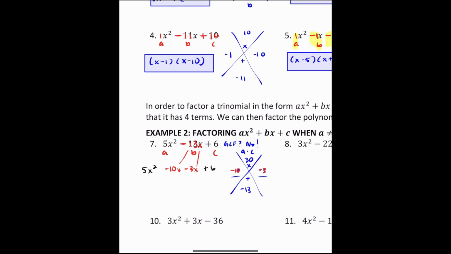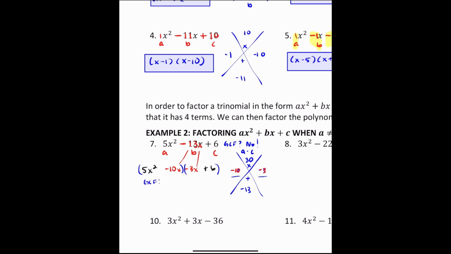So we have 1, 2, 3, 4 terms. Since we have 4 terms, we can actually factor this by grouping, meaning we'll group the first 2 terms and the last 2 terms. As we factor by grouping, we look at the first 2 terms and determine what the GCF of the 2 is.